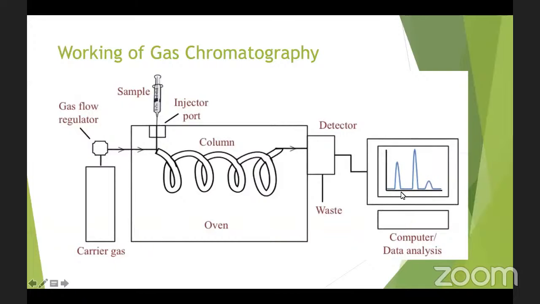In this chromatogram, the first peak is of the molecule which has the lowest boiling point and the smallest size. Then the one with the lowest boiling point but bigger in size will come, and so on. And the last component will be the one with the highest boiling point or bigger size. So that is how it works.